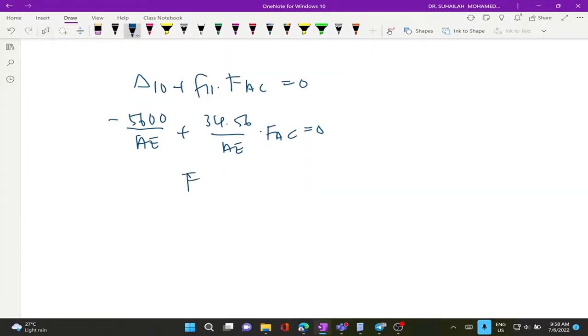So FAC is equal to 5600 divided by 34.56, which is 162.04 kilonewton.